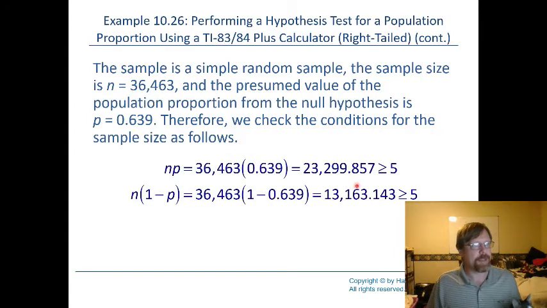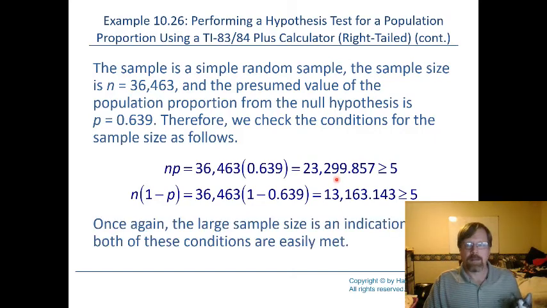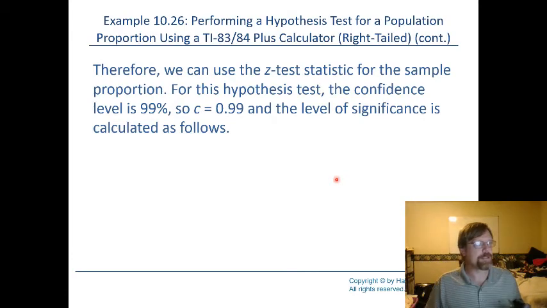It's going to be greater than 5 because that is a very large sample size, and that proportion would have to be very small for it to be less than 5. So we can use the z-statistic. The confidence level given was 99%. Confidence level plus significance level is equal to 100% or 1, so significance is 1 minus c, and we get 0.01.